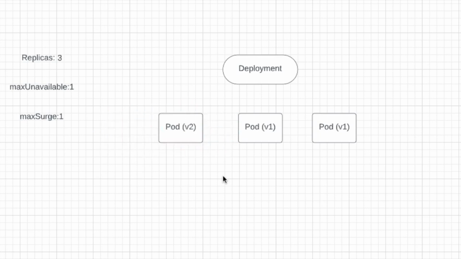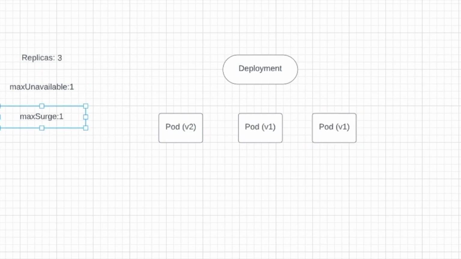In this case, we need to have 2 pods running and available at any given time, because replicas minus max unavailable gives us the minimum number of available pods that need to be up and running. So in this case, if there are issues, it would stop and not roll out the updates to the remaining pods, and give us the number of available pods that we specified here.